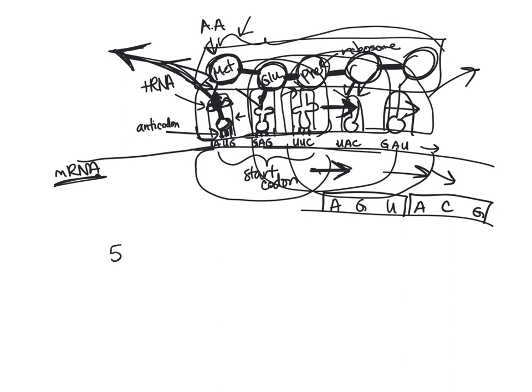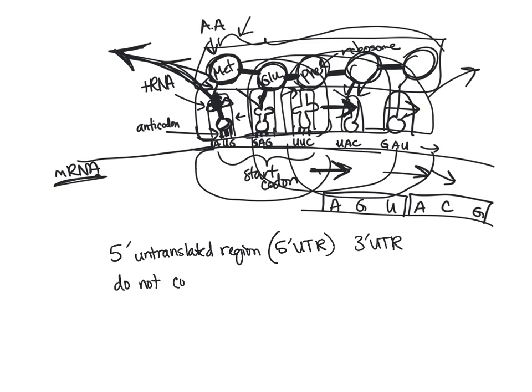We have what's called the 5' untranslated region, and we have the 3' untranslated region. And these do not code for amino acids. These are just the chunks before and the chunks after.